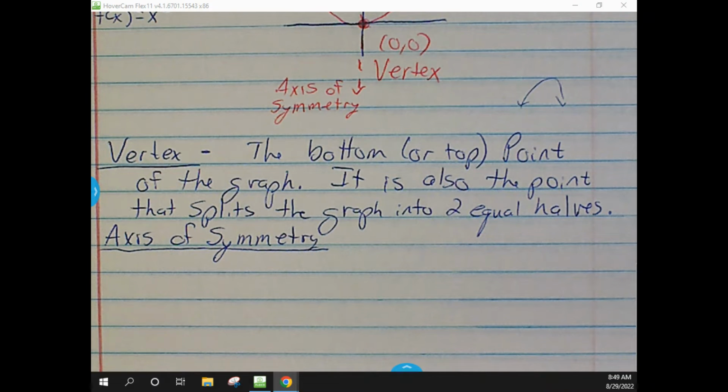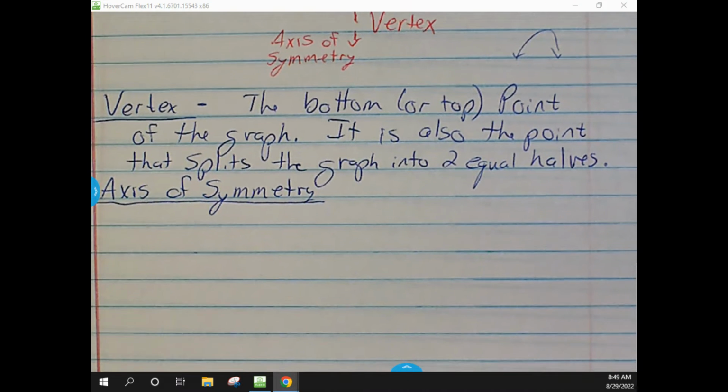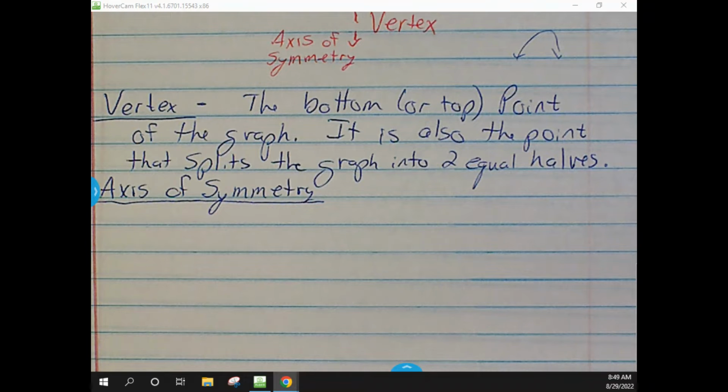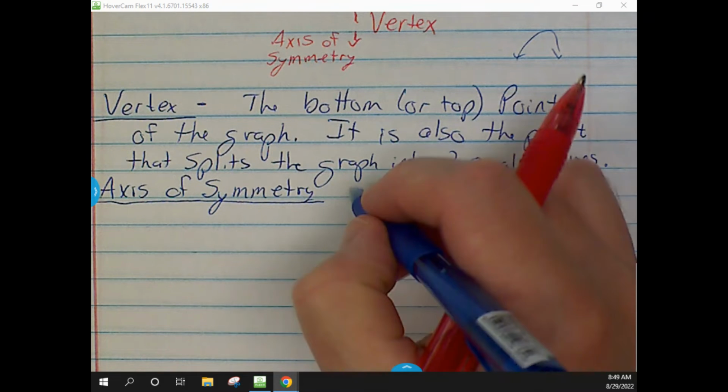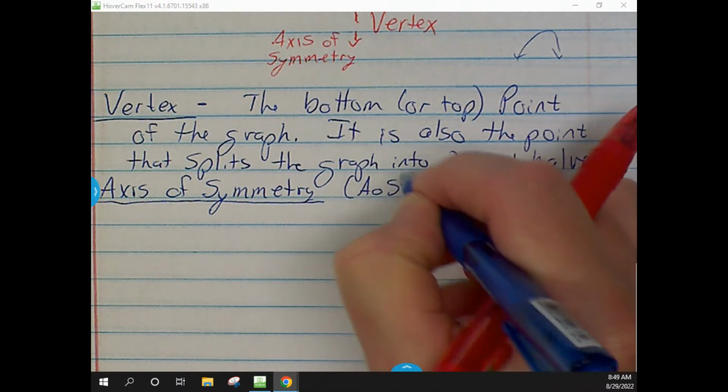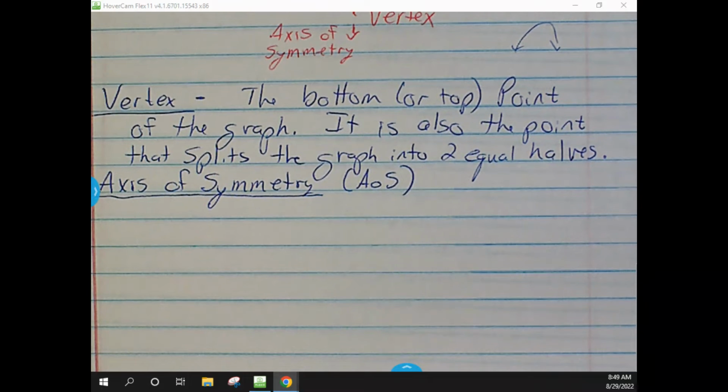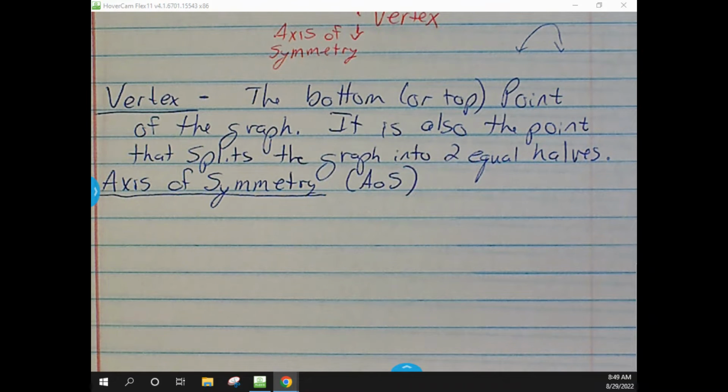Okay, so you don't have to write axis of symmetry every time, and this is not a textbook thing, this is a Coach Ritchie thing, we're just going to call it AOS for short. I mean, we can keep writing axis of symmetry every time, but if we know what it is, let's just abbreviate it.